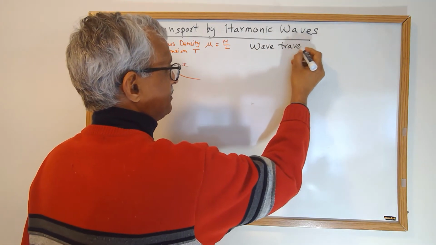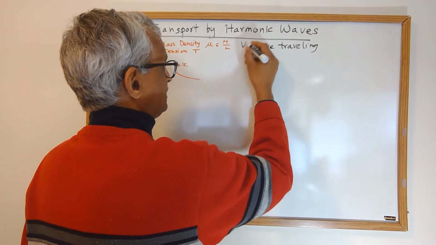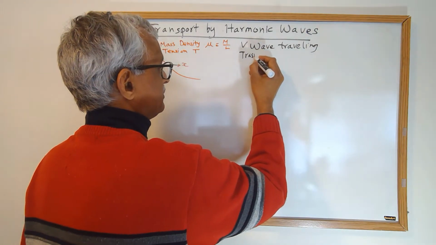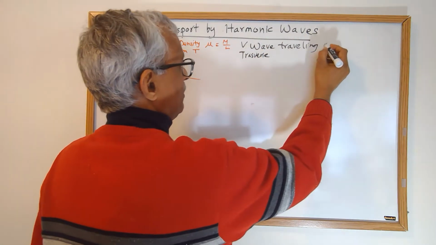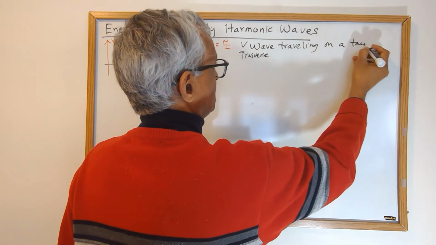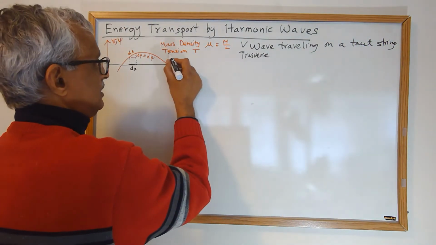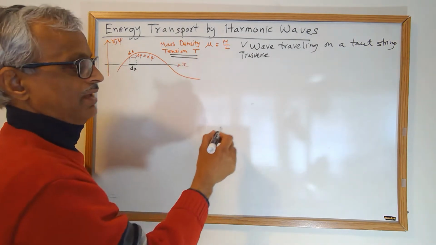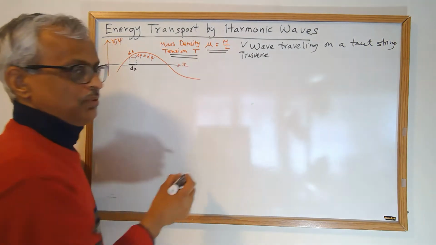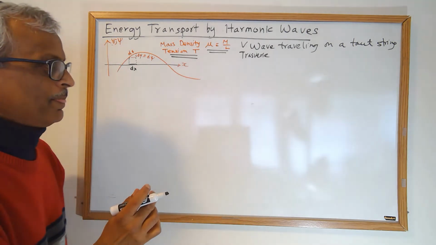So, waves traveling. This is a transverse wave on a taut string. A string has tension T and it's got a mass density mu, which is mass over length.